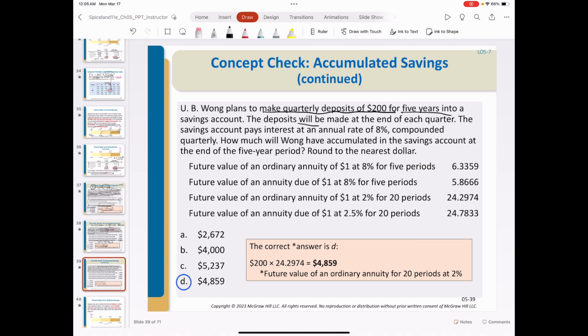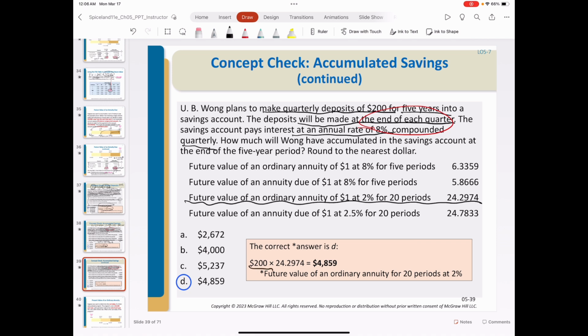Again, quarterly deposit $200 for 5 years. The payment was made at the end of each quarter. Interest is the same as the last example, 8% compounded quarterly. Same question, how much will he accumulate at the end of the 5th year? Okay, so the only difference is the description of the timing of the payments. The future value factor of this annuity is the ordinary annuity. So we just use this one.